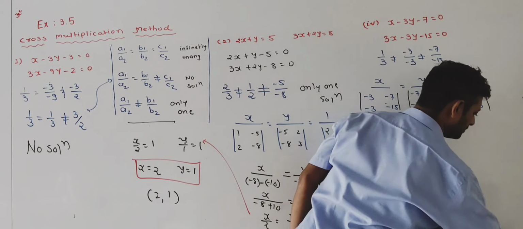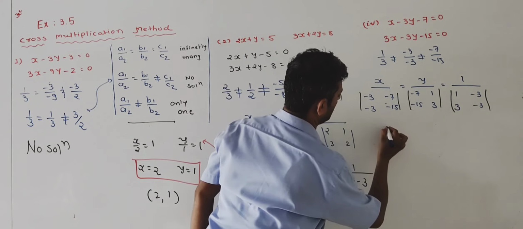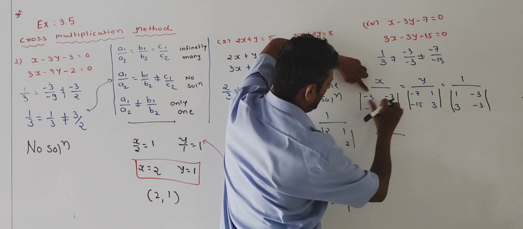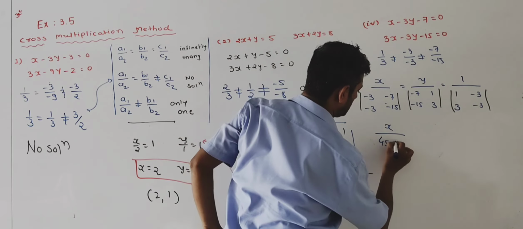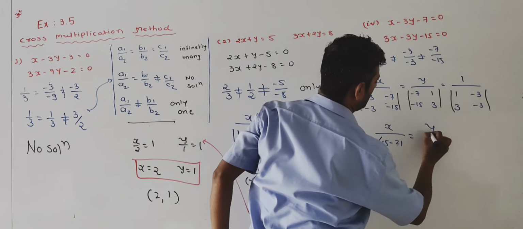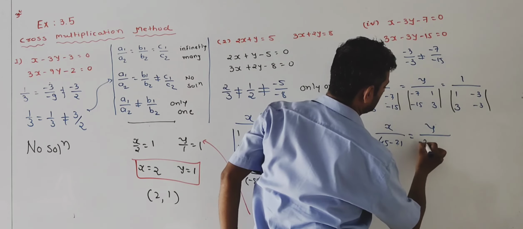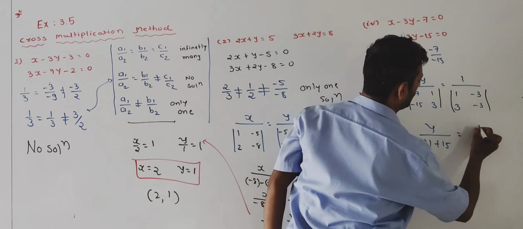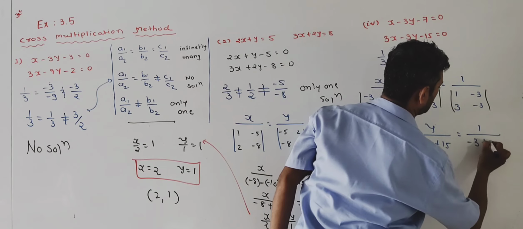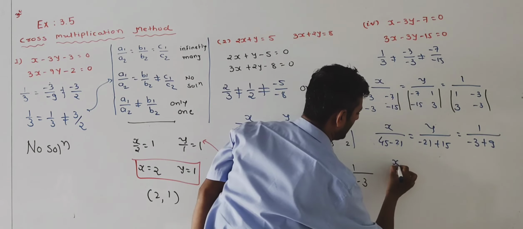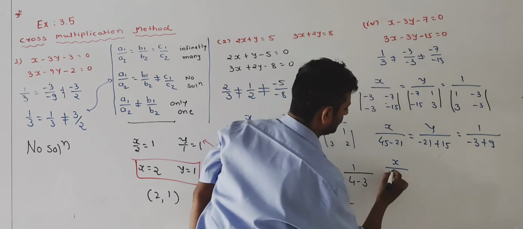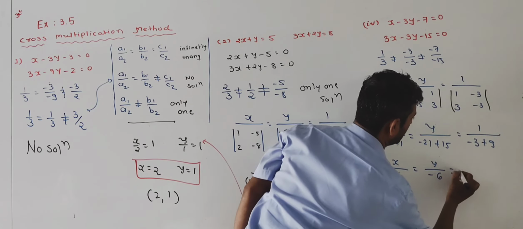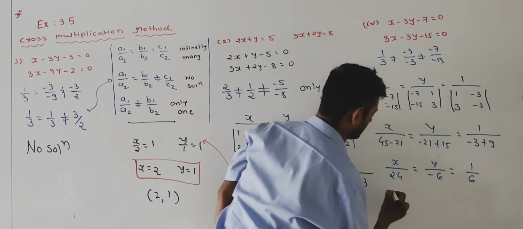Now what to do? This x upon 45 minus 21 is equal to y upon minus 21 plus 15 is equal to 1 upon minus 3 plus 9. So x upon 24, y upon minus 6, 1 upon 6.